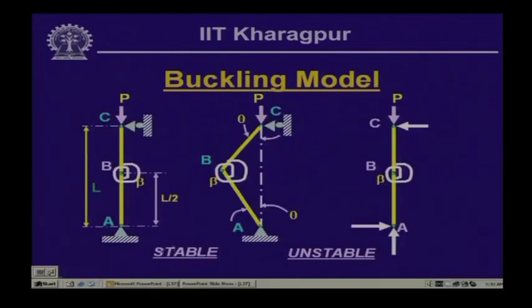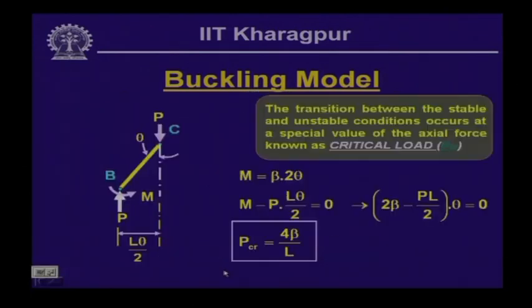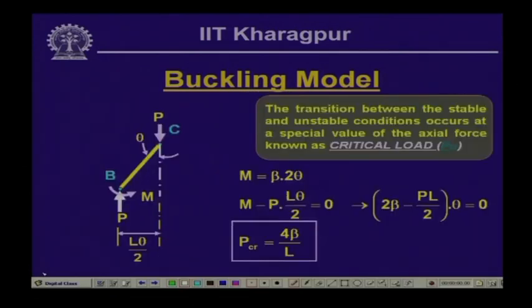Now, if we take the free body of the top part of the member, the part BC, where you have the small deformation theta here, the axial force P is acting, and the restoring moment M and the reactive force P are acting at point B. As we have seen, M is equal to beta times twice theta, the restoring moment, as we have called it, when it is trying to restore its original position.